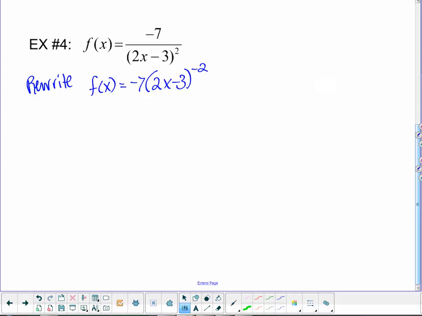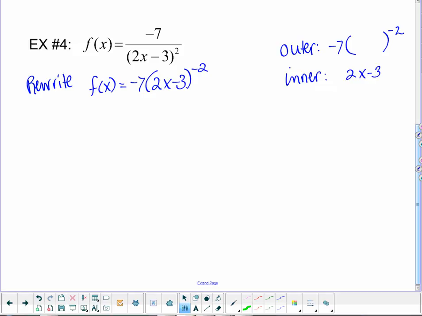It's that scalar. So I'm going to consider my outer function to be this -7 times something raised to the -2. And my inner function is going to be the 2x minus 3.